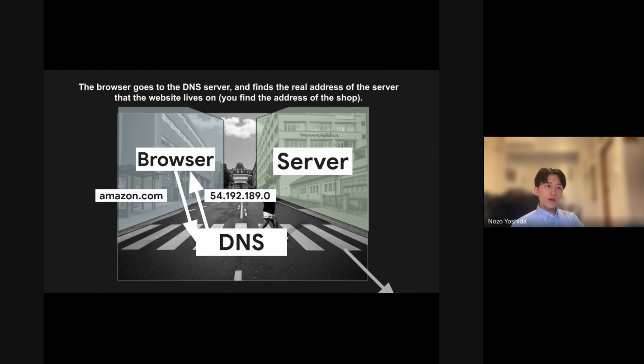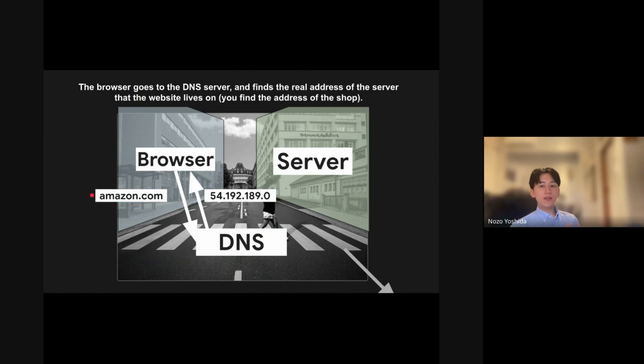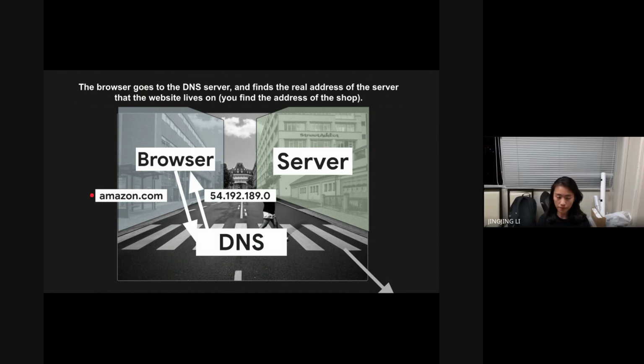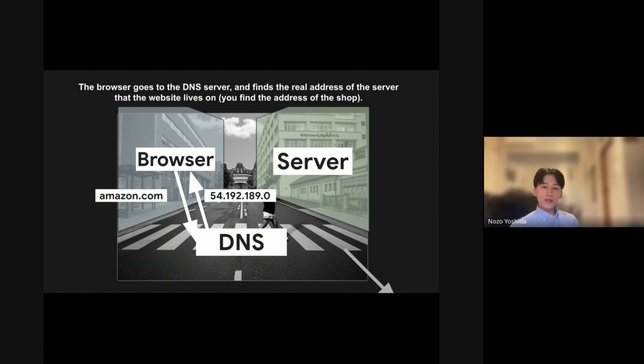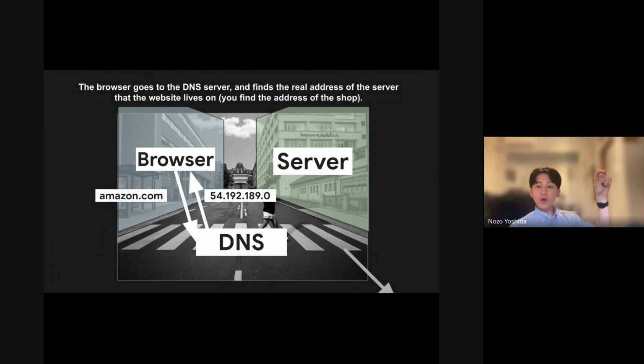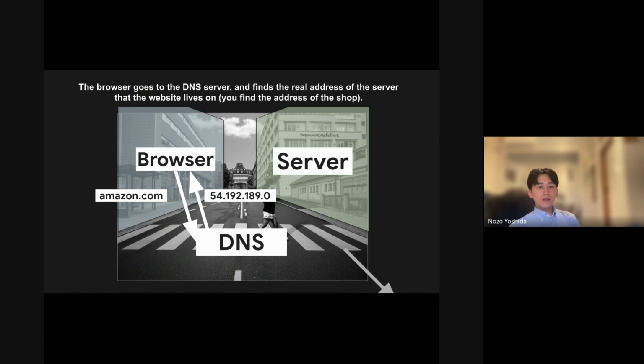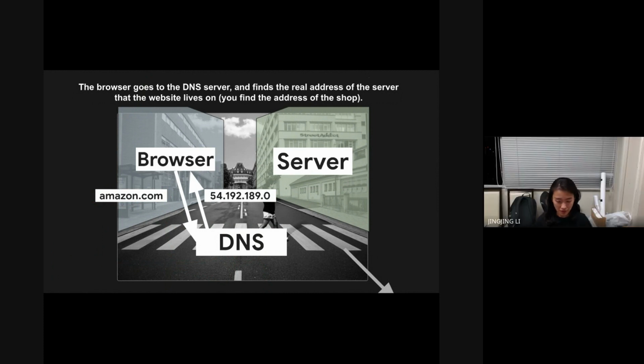We can rent a domain name, like Amazon.com, from a rental shop of domain names. For example, my website is nozomuyoshida.com. I borrowed this domain name from a company. Some companies need you to pay money, some are free.